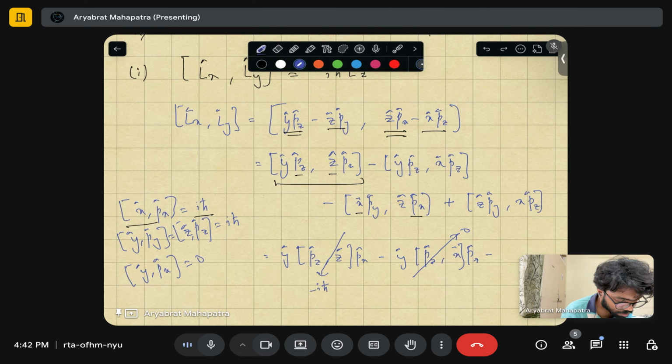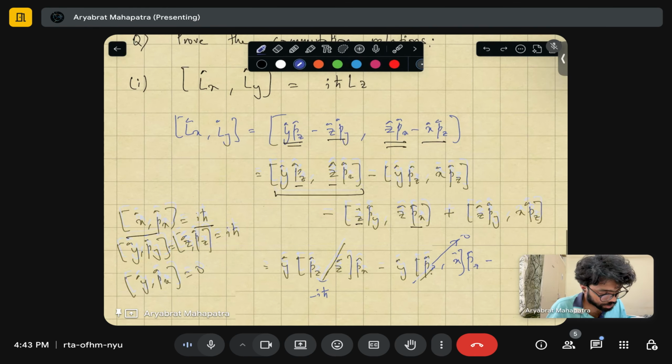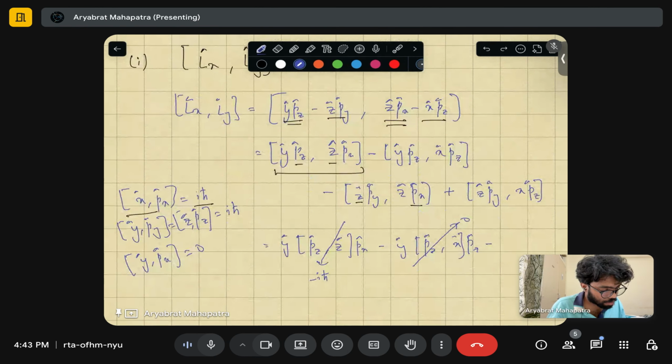Is there some mistake I made? Yeah, again this should be z. I missed out again. Initially I wrote this as px and x, but it should be pz and z, because that is how Lx is defined. So because of that there was some confusion. Now I hope this is gone.